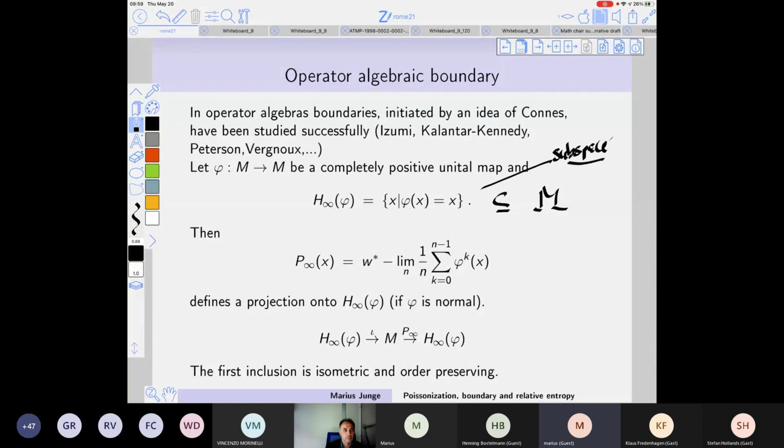But this subspace is nice because if the map phi is normal, one can define a projection back onto that space. This is the typical ergodic average: you define a projection using these ergodic averages. So you have an inclusion map, where this subspace sits in the von Neumann algebra, and then you project back onto this space.